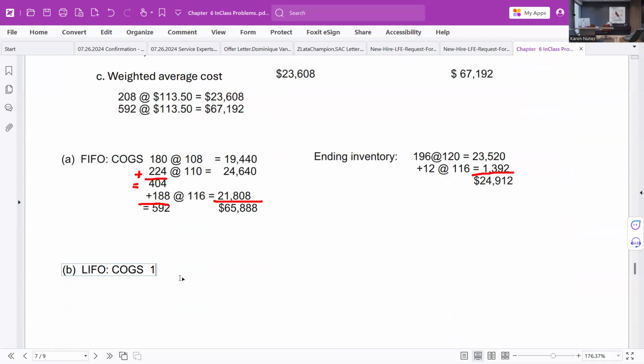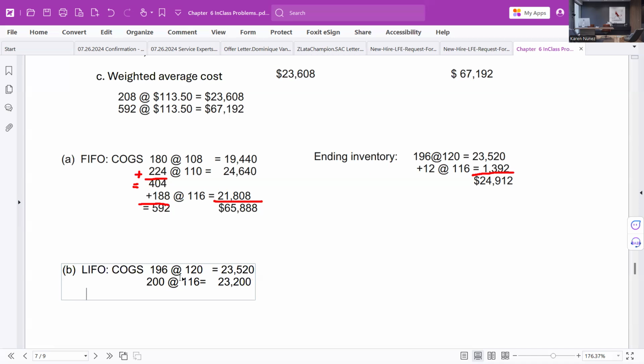So we have the 196 at 120, which equals 23,520. Then we add to that the 200 at 116, which equals 23,200.